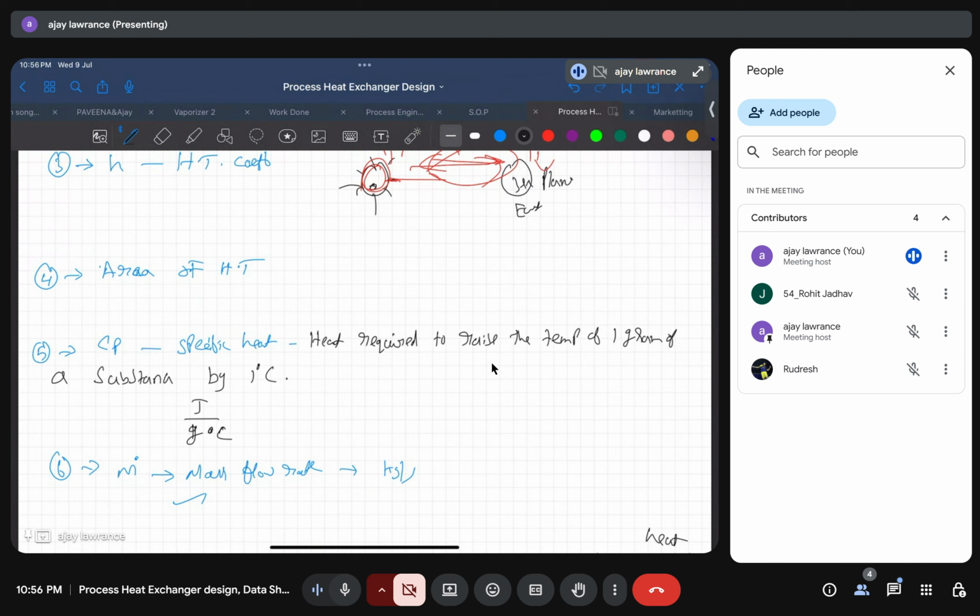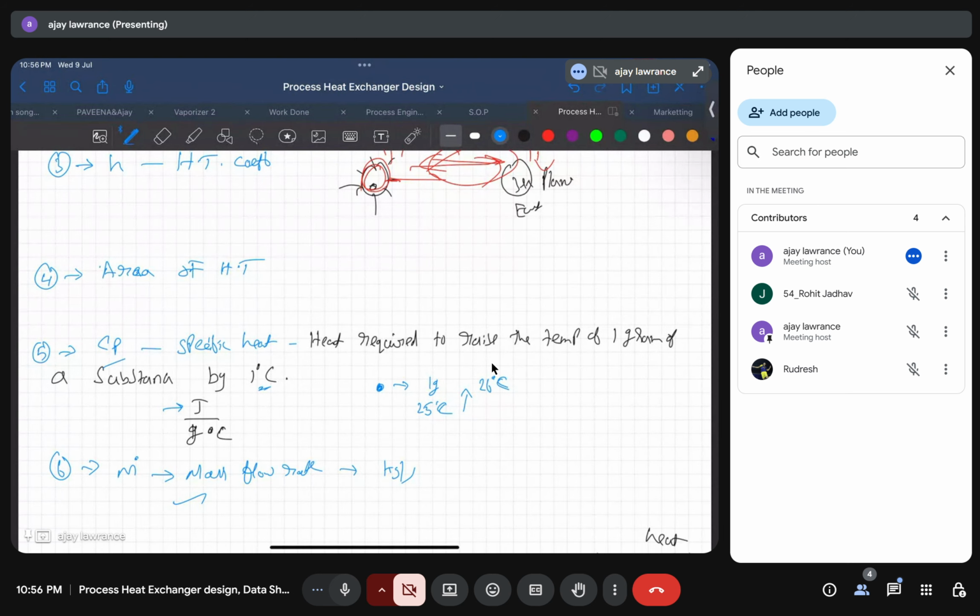What is the definition of that? Now there is water of 1 gram and the water temperature is 25 degrees Celsius, room temperature. If you want to increase the temperature of the water to 26 degrees Celsius, that is 1 degree Celsius, how many joules of heat should you supply? That is the specific heat capacity.